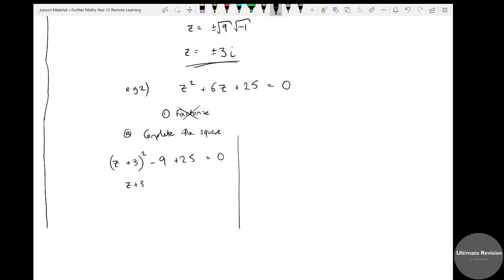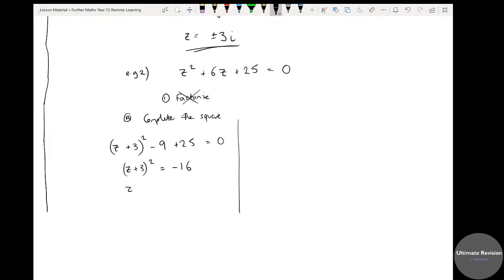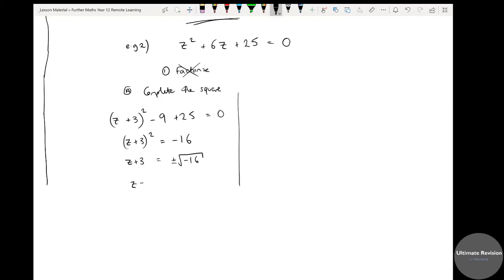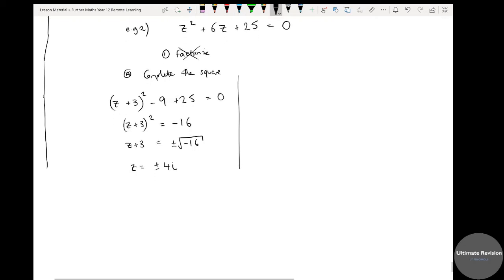So I've got z plus 3 squared, that's going to end up equaling minus 16. z plus 3 equals plus or minus the square root of minus 16. So z is going to end up being plus or minus 4i. You can have a go yourself at that one. So my final answer will be z is equal to minus 3 plus or minus 4i.